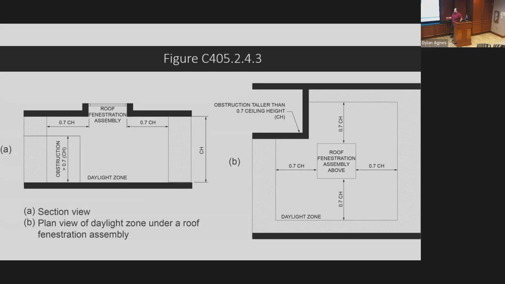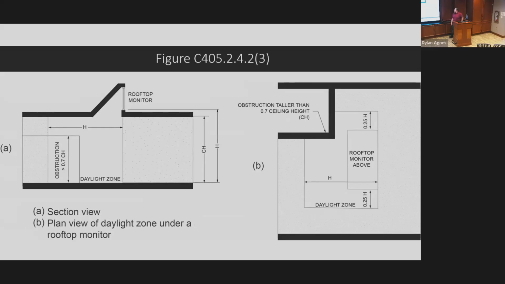All right, so instead of window head height, this goes off of ceiling height, but then we're still applying that as a factor. So 0.7 times our ceiling height is how we're going to draw our daylight zone for our toplit daylit zone. The other one is a rooftop monitor.